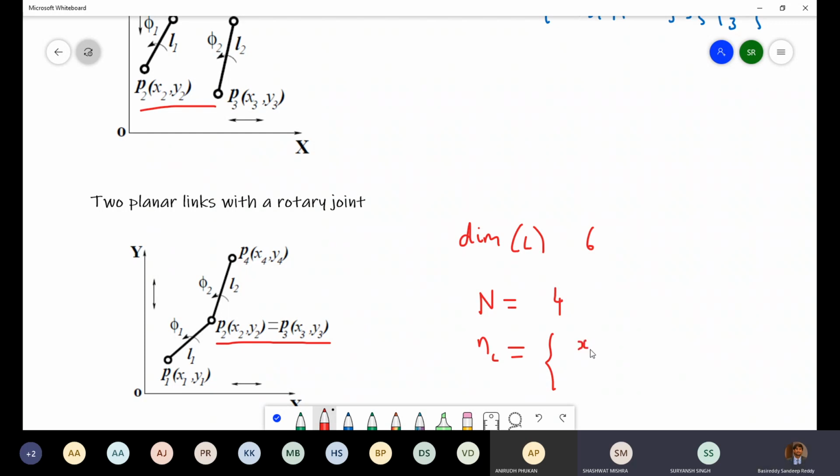Yeah, so the simpler way of expressing this should be something like this, where you have already obtained for this case, then from there you have a constraint equation that gives you an open chain. So you don't have to go all the way back to the first case where you write in terms of length. You can simply write x3 minus x2 equal to 0 and y3 minus y2 equal to 0.